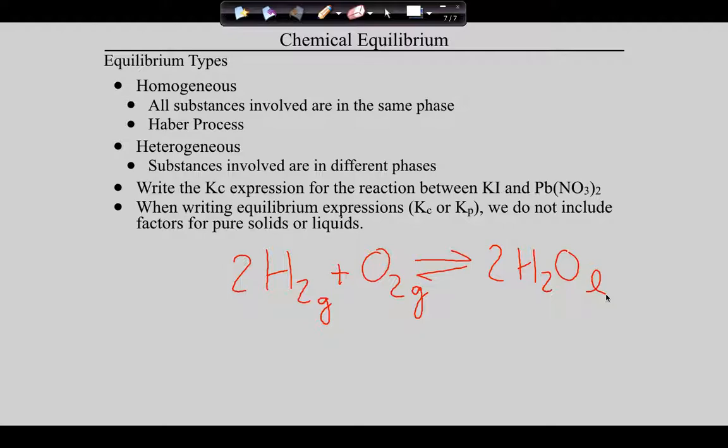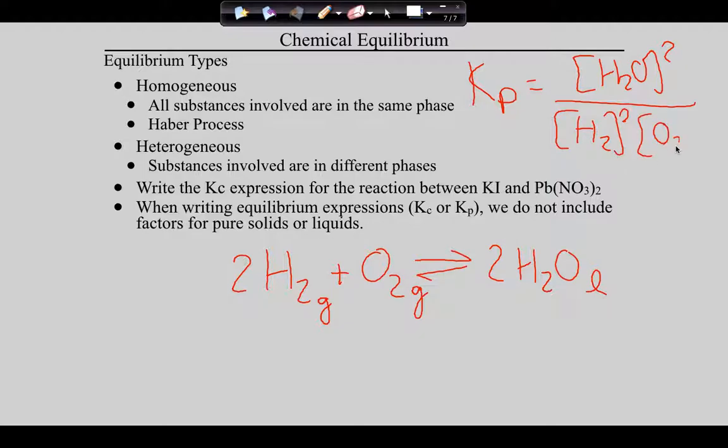So when we write the Kp for this, our product would be... I'm really struggling. Right. When we do this, we would go Kp is equal to water squared, hydrogen squared, oxygen.